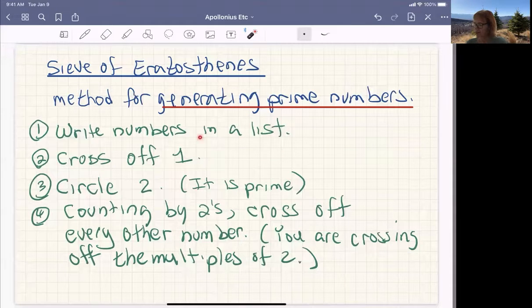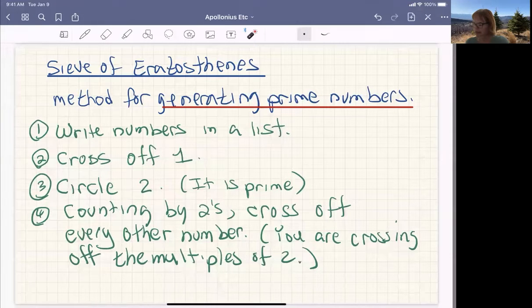You write numbers in an ordered list, 1, 2, 3, 4, 5, etc. And then you keep going depending upon how big the prime numbers you're looking for are. Do you want all the prime numbers up to 100? Then you would write the numbers 1 through 100. Do you want all the prime numbers up to 1,000? Well, you'd write the numbers from 1 to 1,000.